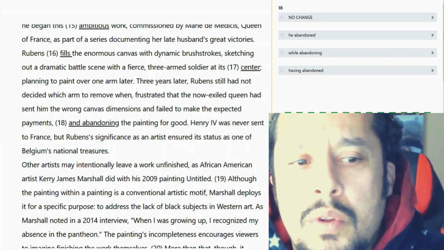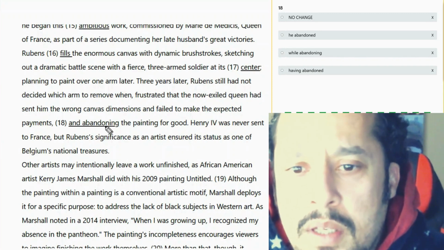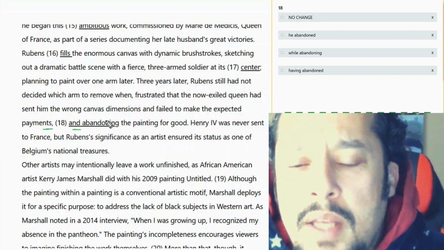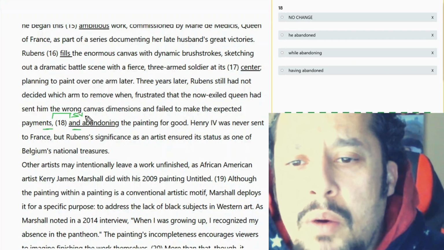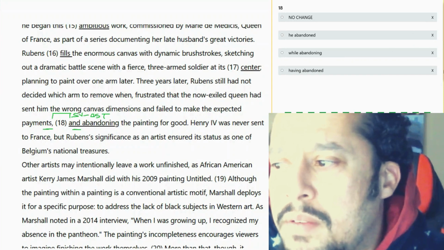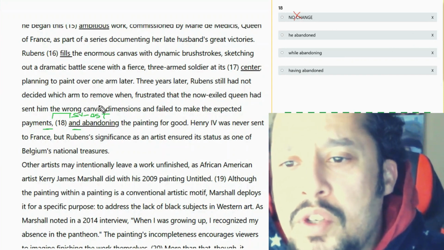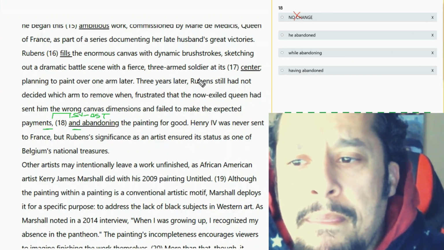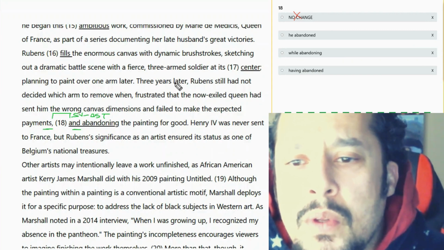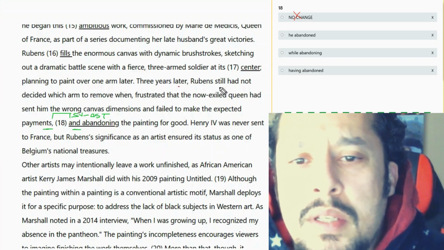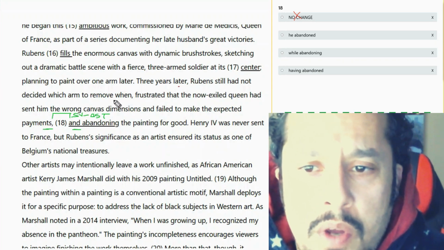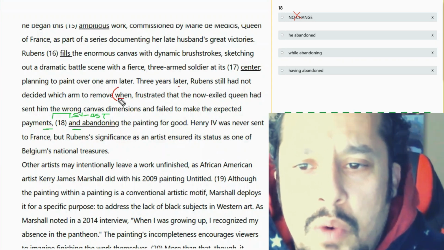Okay, so here with question number 18 we have a fragment. I don't know why we say comma and abandoning. I mean, here comma and should be followed by subject verb or a list, for example, and we have neither. So answer A doesn't work, it's a fragment. And also there's no independent idea. "3 years later, Ruben still had not decided which arm to remove." One, or excuse me, we want one here.